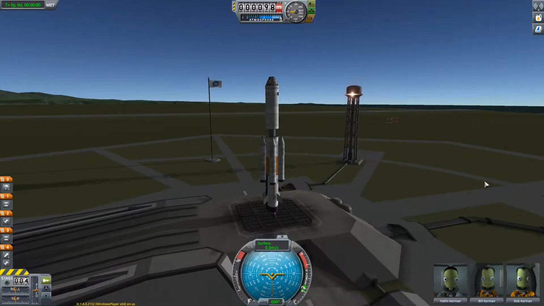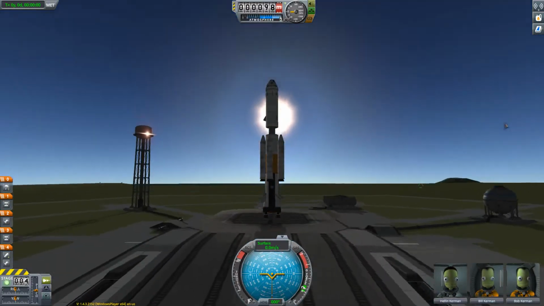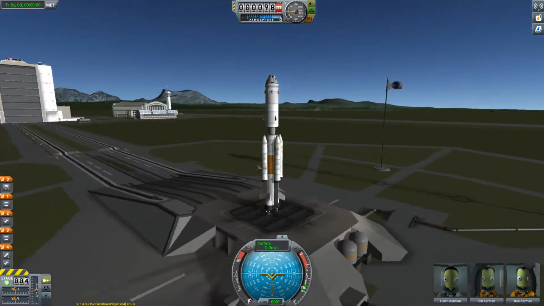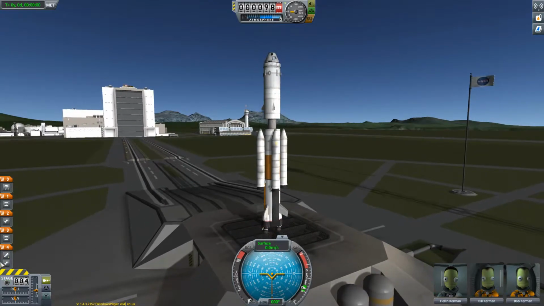So, the start is going to be roughly the same as last time. See, we have the first stage, which is these 4 solid fuel boosters, and this liquid fuel stage with these 2 liquid fuel tanks, and this, which is the engines and another fuel tank. There's the part of the second stage.